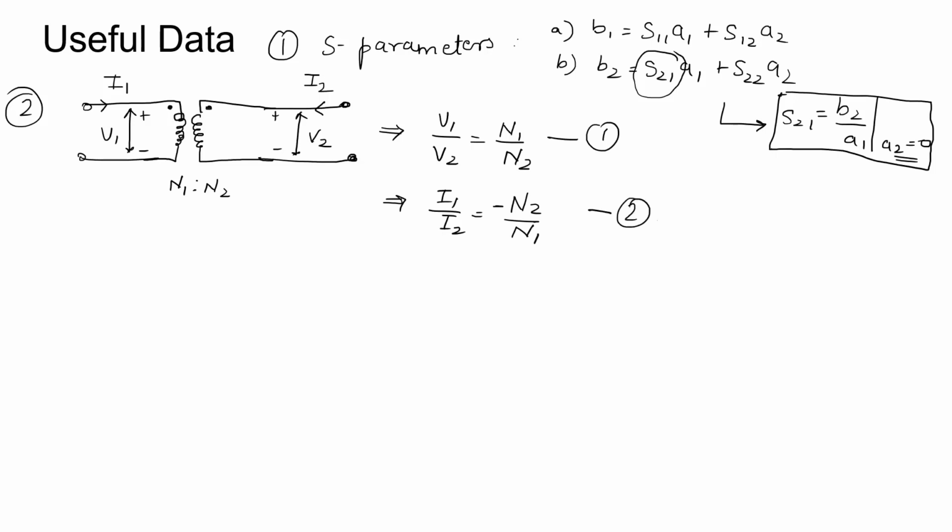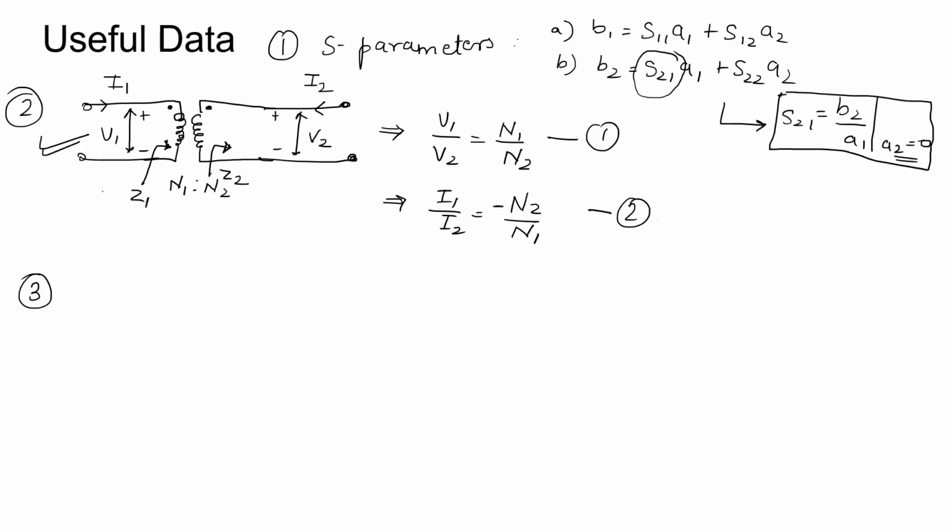Fine. Now one more thing which we need to keep a note of. Say this is our circuit. What is the resistance when we look from this side? Let's say that is Z2. And when we look into the secondary side through the primary side, let's say from here, it's Z1.